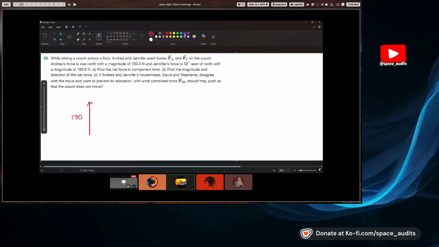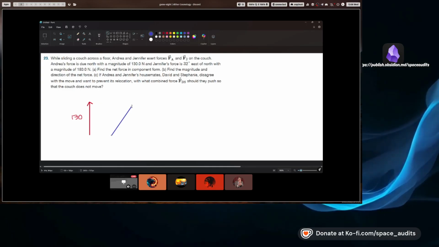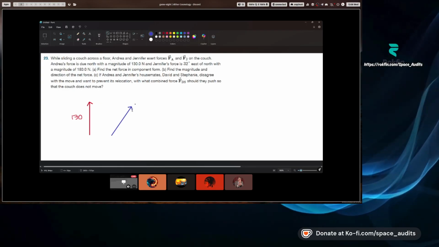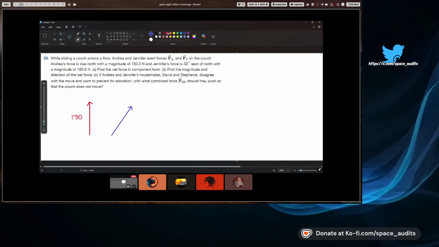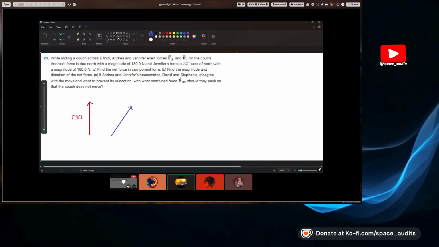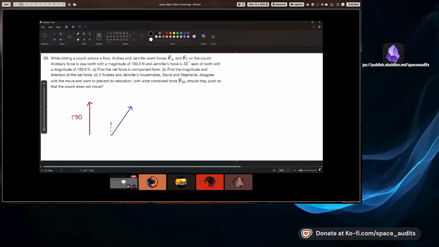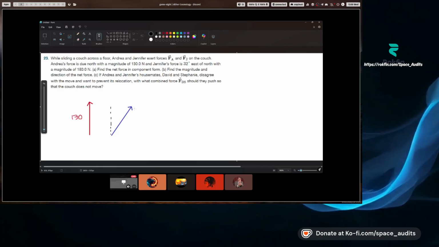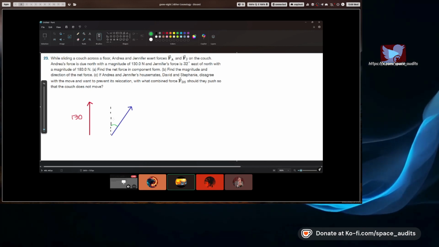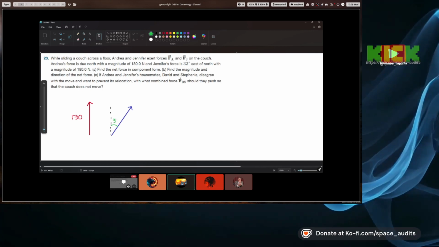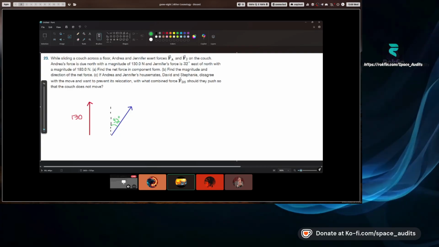We're going to have a blue line. To make this easier, I'll draw an imaginary vertical here, and there's an angle here, which is 32 degrees.